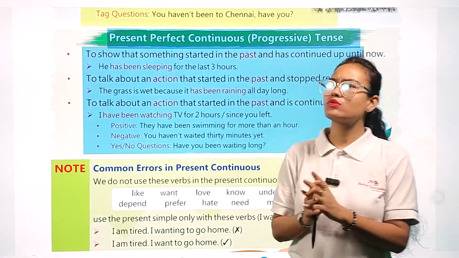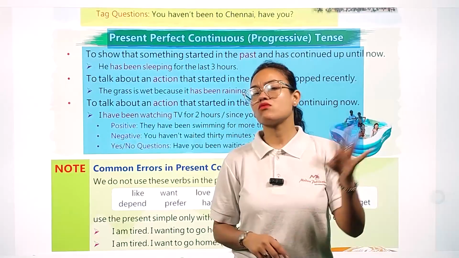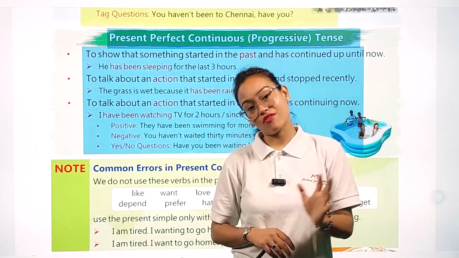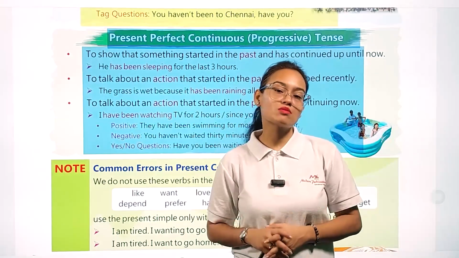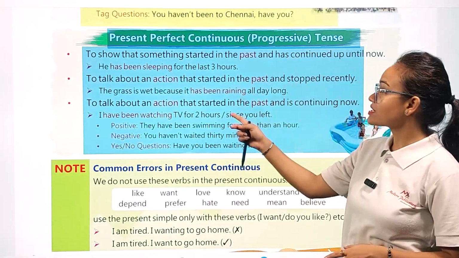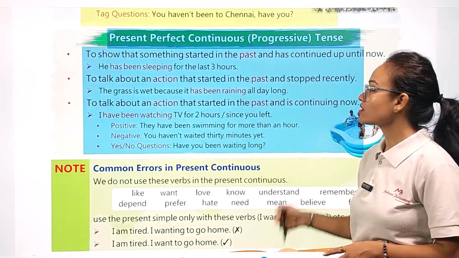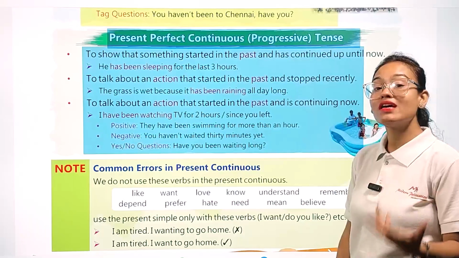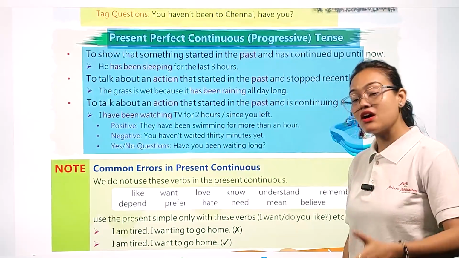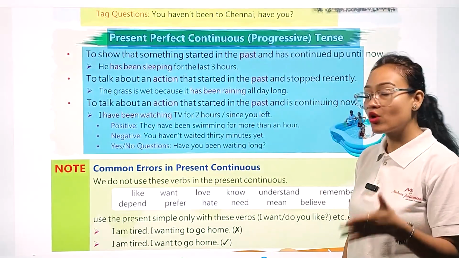I'm giving an example: suppose some work you started 1 week ago, and right now you are still doing that work. So these examples all come under the category of present perfect continuous tense. Example, you can see, I have been watching TV for 2 hours since you left. Right now I'm still performing that action, and what type of action?